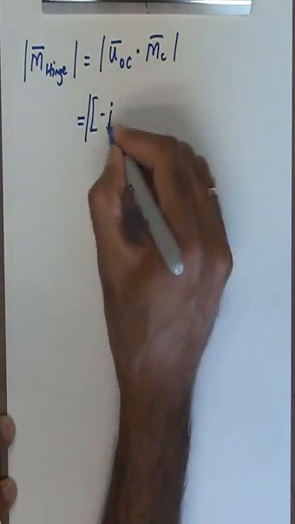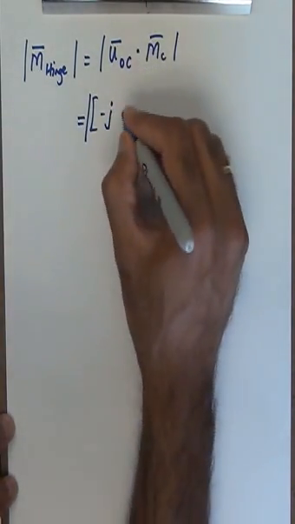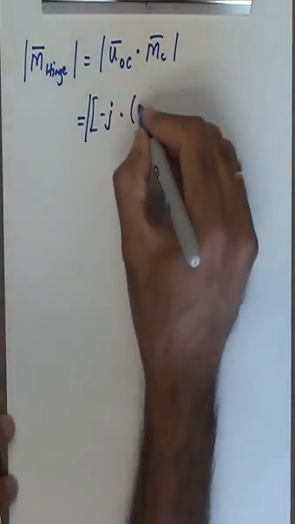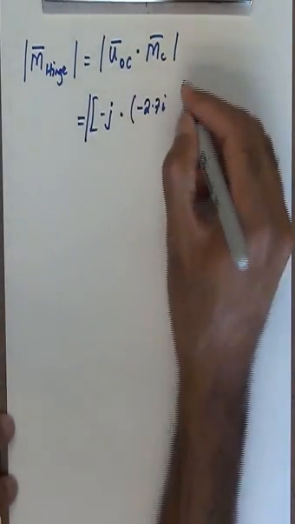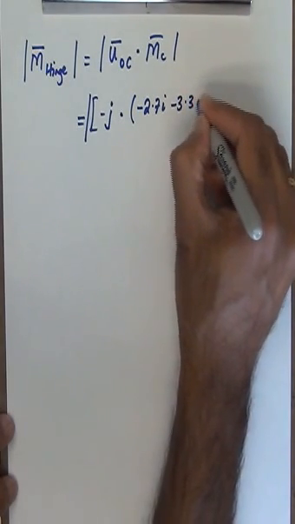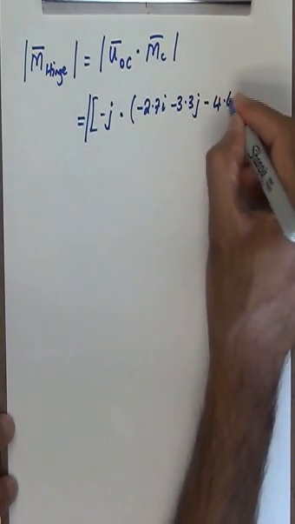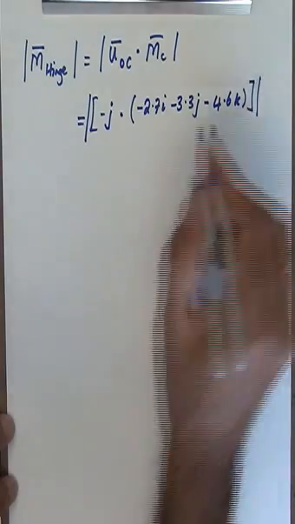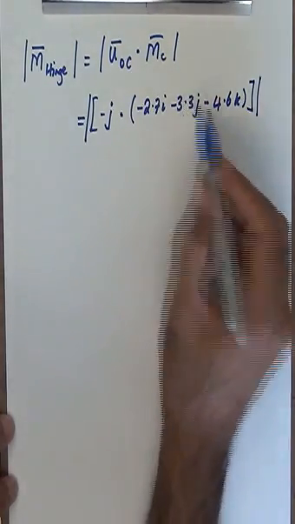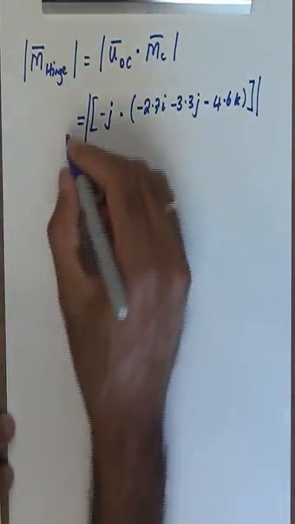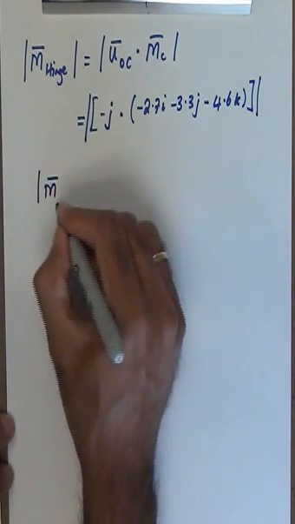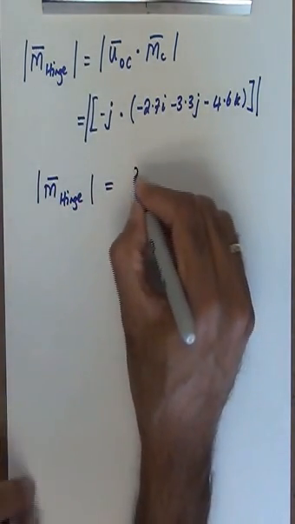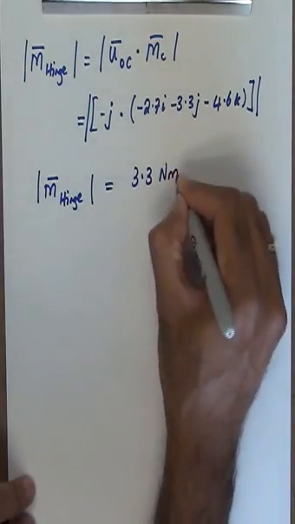It's going to be minus j or plus j, it does not make a difference to us, dotted with the moment that we just found out earlier on: 2.7i minus 3.3j minus 4.6k. The magnitude of that, and if I do the dot product I end up with only 3.3. And so the magnitude of the moment about the hinge is going to be 3.3 Newton meters.